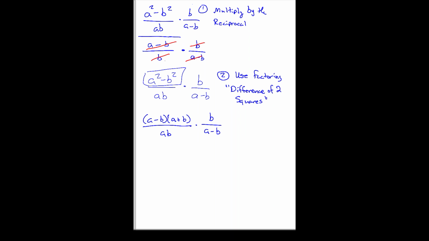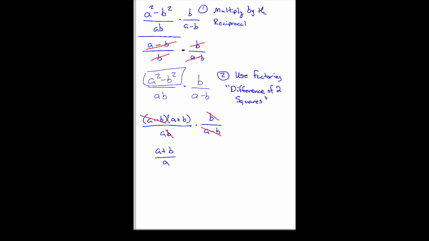So now here we can start crossing stuff out. This a minus b on the top cancels out with this a minus b on the bottom, and also this b on the top here cancels out with this b on the bottom here. So now we're left with a plus b over a.